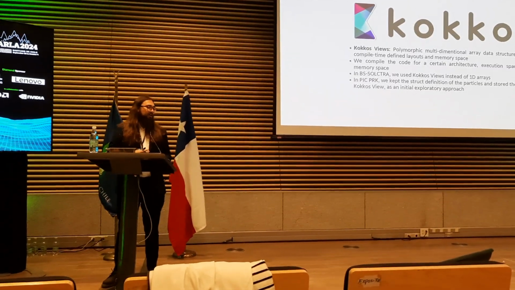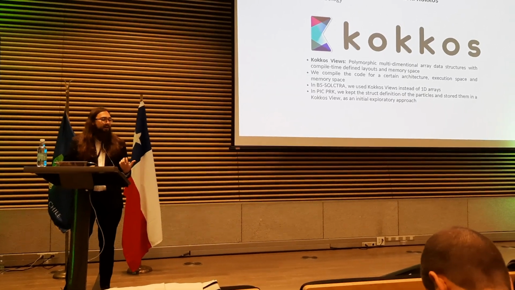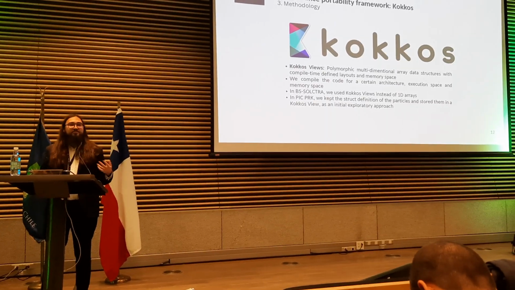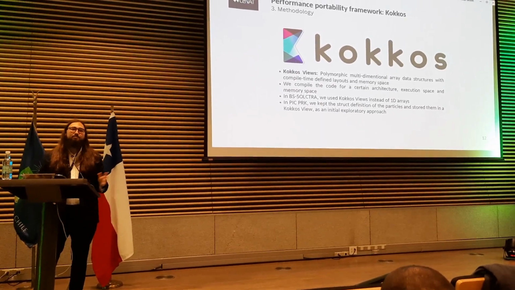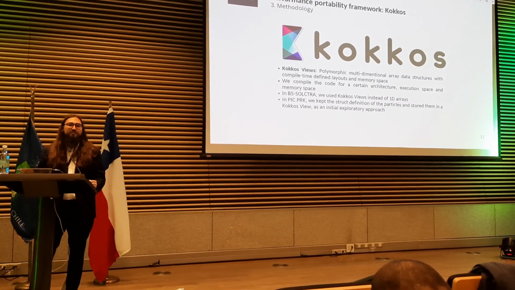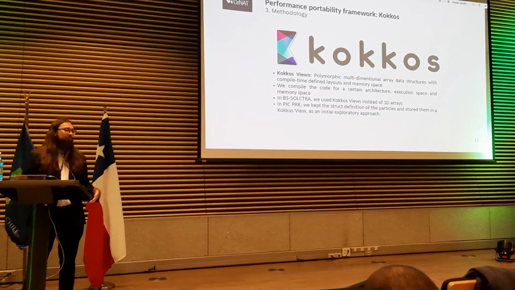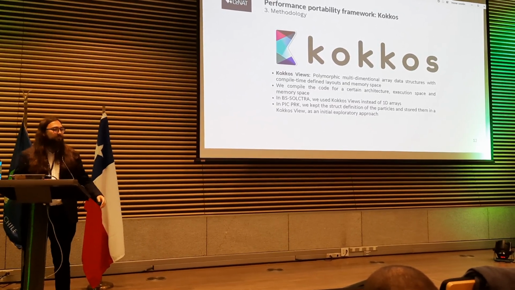So I can program my code, my data structures, store them in a Kokkos view, and during compilation I can hint the compiler if I want to use a CPU, a specific CPU, or a specific GPU, and if I want to use the managed memory alternatives like CUDA UVM space, or heap managed space.